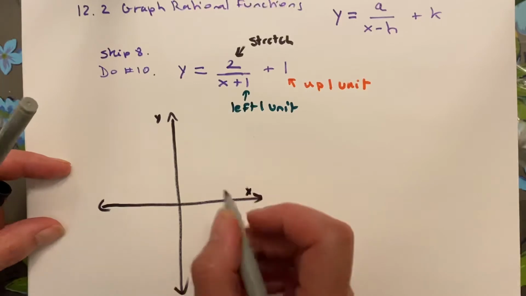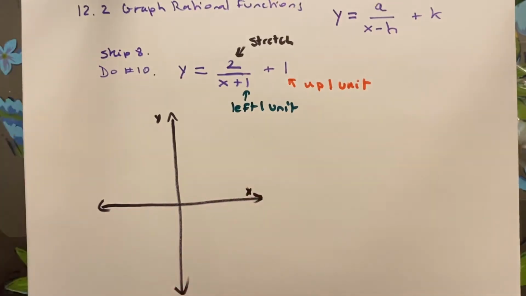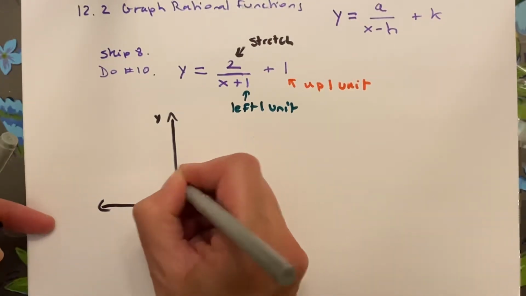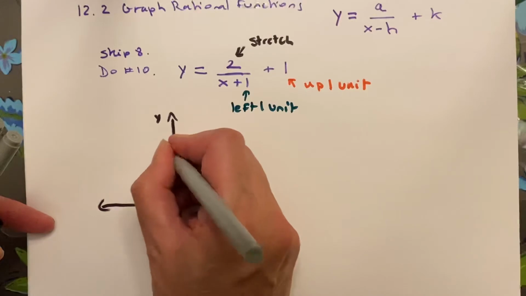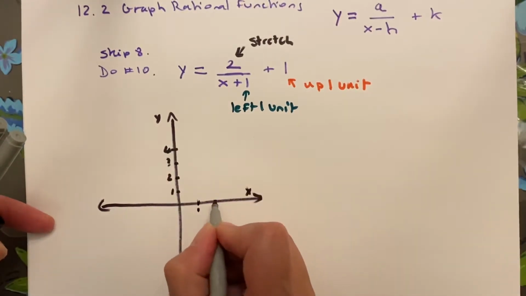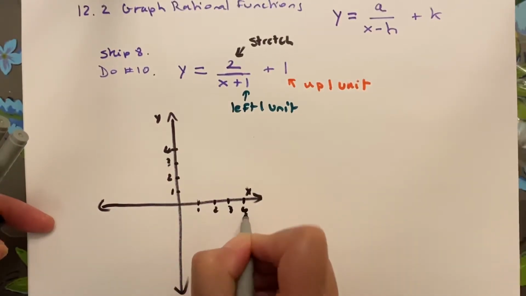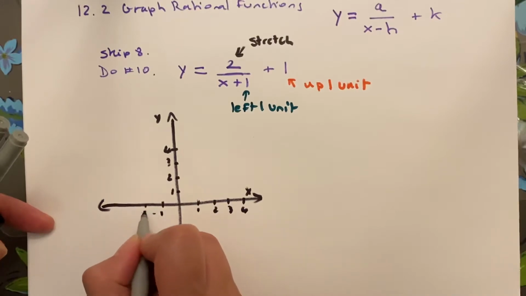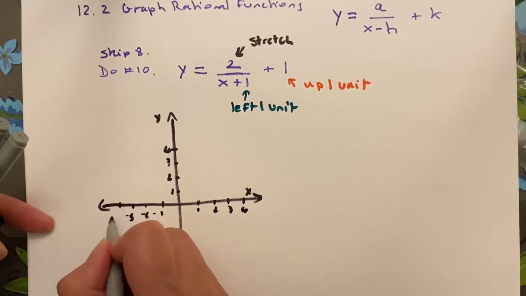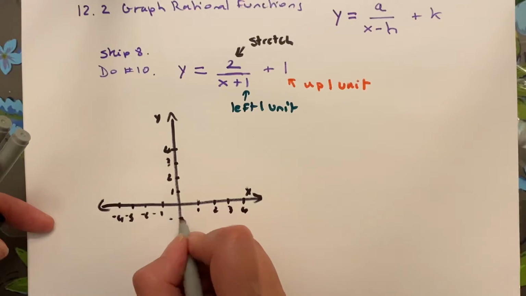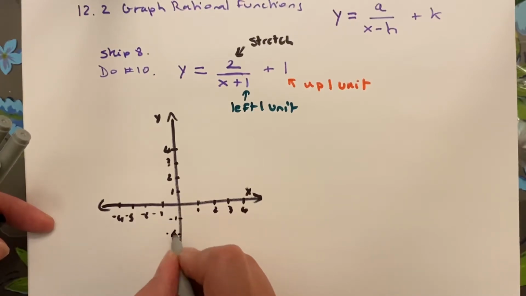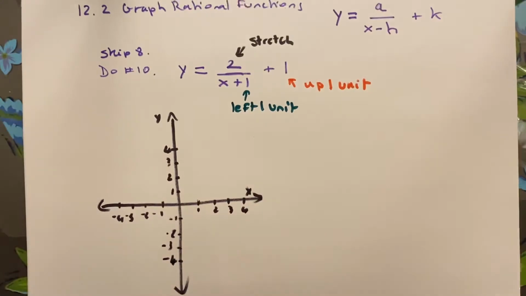Okay, so my first asymptote is going to be up 1 unit. I'm just going to see if I can get by with just 4 on either side. Must be the end of the semester. My pens are all running out of ink.